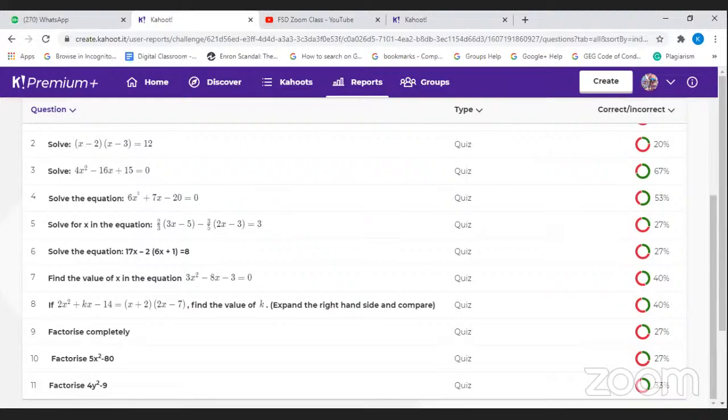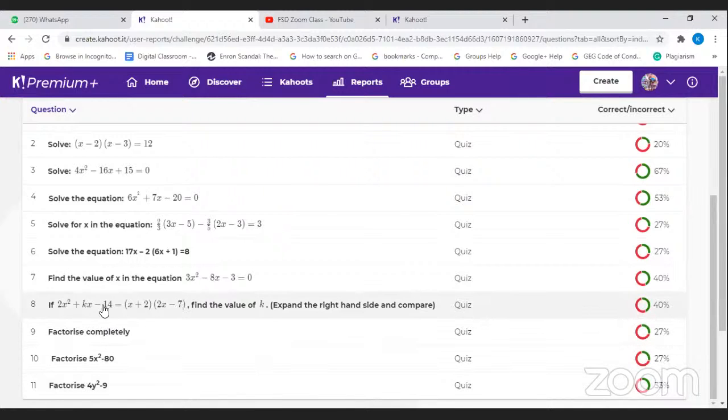You need to expand and bring 12 inside before you can solve that question. You can't solve it directly like that. And question 10, we have 5x squared minus 80. We need to factorize it, bring out 5 first, then look at the last question, question 11, 4y squared minus 9. Let me review these two questions.